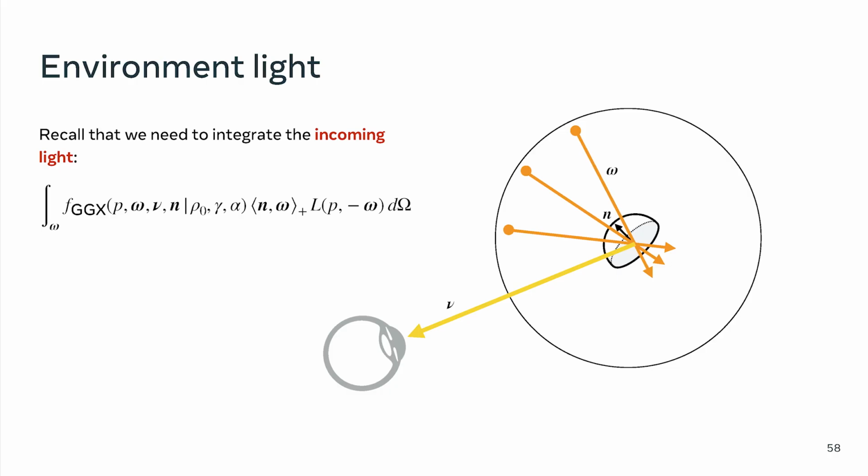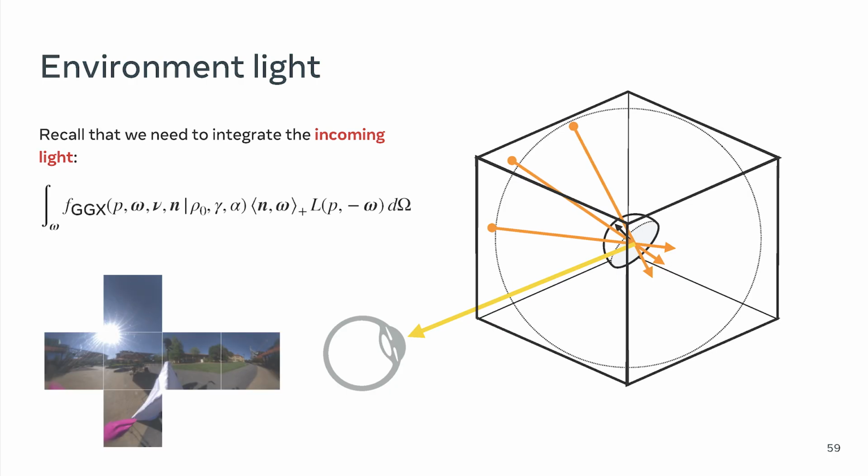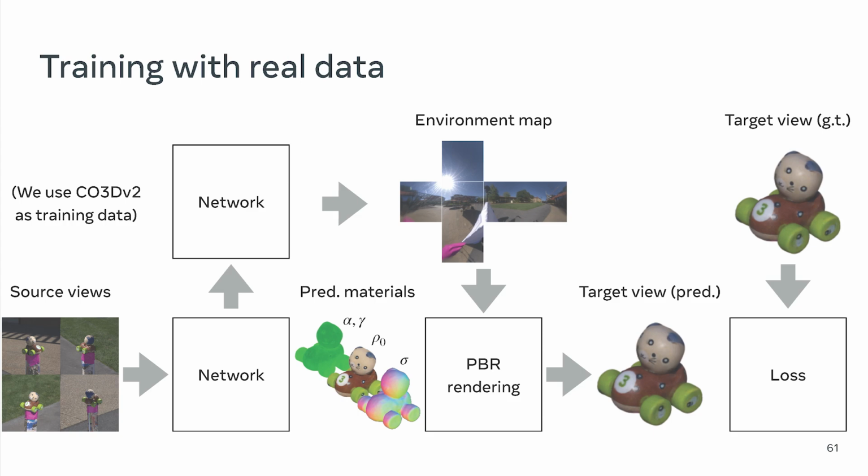So what we do is we task our network with estimating also an environment map. An environment map is a way of encoding the illumination you see in the scene. And once you get these ingredients into your PBR renderer, then you're actually able to render the pixels in a physically correct way. And with this, you're actually able to train the model also on real data.